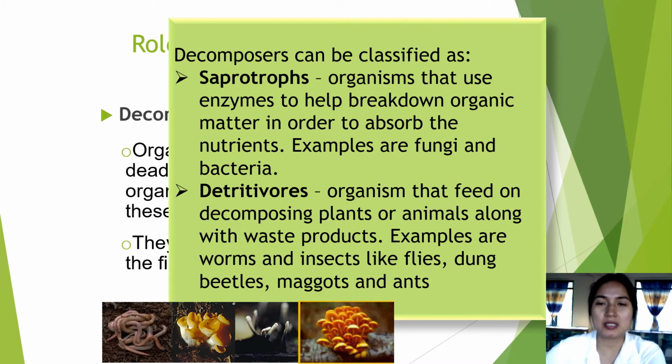These are the organisms that use enzymes to help break down organic matter in order to absorb the nutrients. Examples are fungi and bacteria. Detritivores are the organisms that feed on decomposing plants or animals along with waste products. Examples are worms and insects like flies, dung beetles, maggots, and ants.